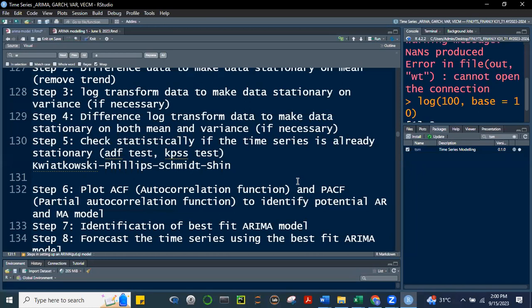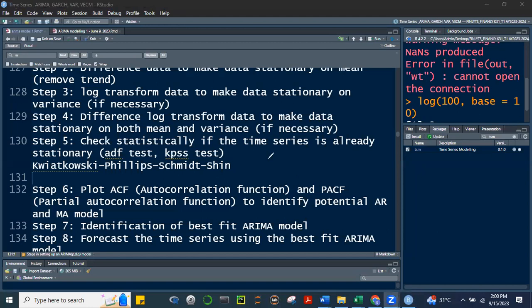So that's what we're going to determine now: what type of model we are going to use in order to model our time series. How do we do that? This is where the ACF comes into play.